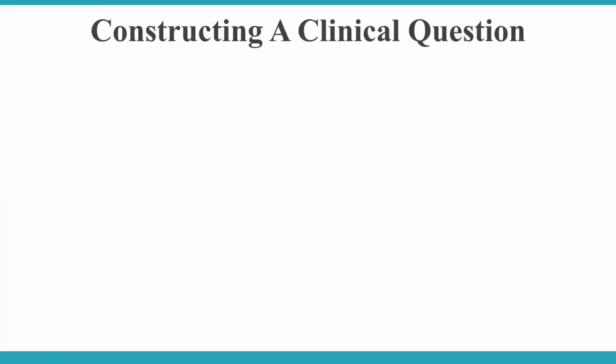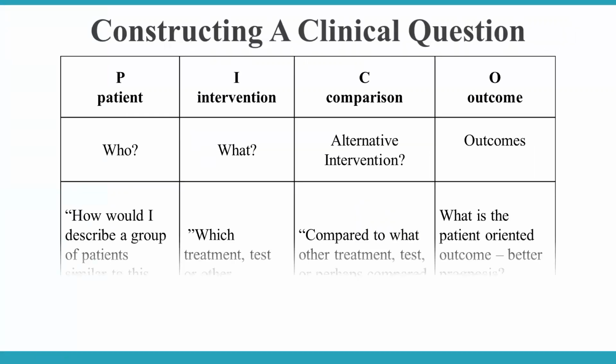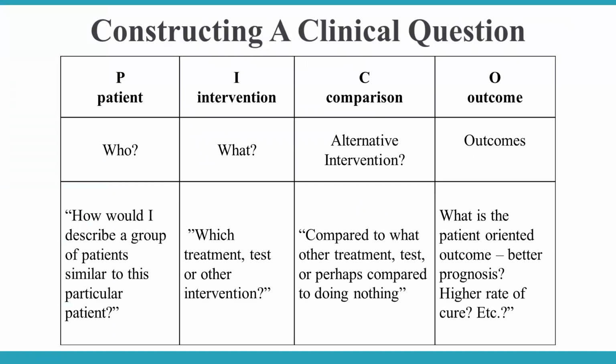So let us go to constructing a clinical question. Now for constructing a clinical question, P usually stands for patient, problem or population, I intervention, C stands for comparison, and O is outcome. Now what is patient or who? The answer to who is what you get for P. What you are searching for is intervention.